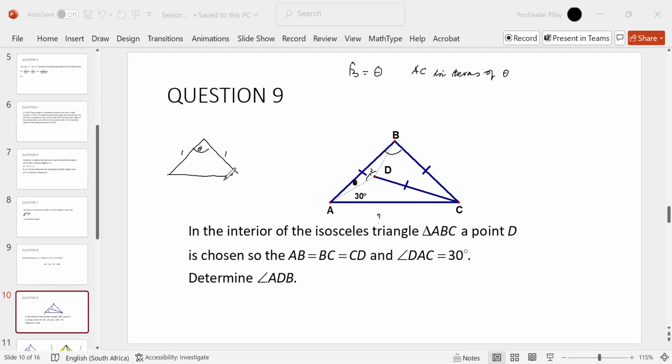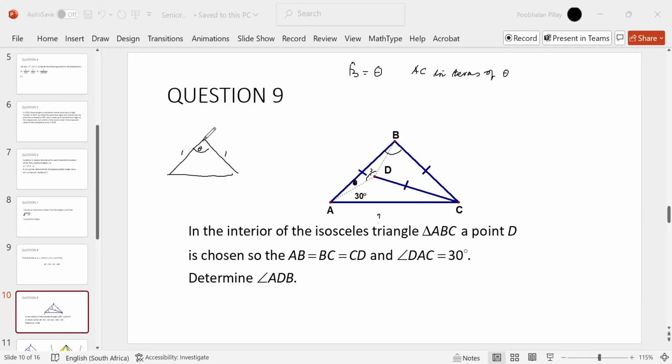Now you can calculate this if you use the cosine formula. But when you've got an isosceles triangle, you don't have to use the cosine formula. There's a very simple way of doing it. I don't know why teachers don't teach this.